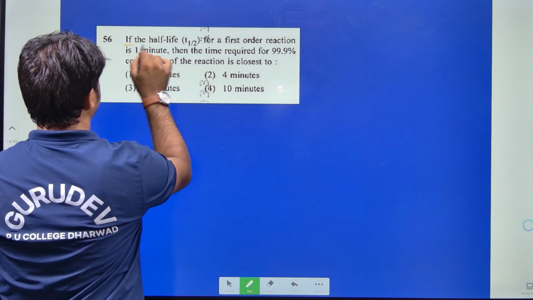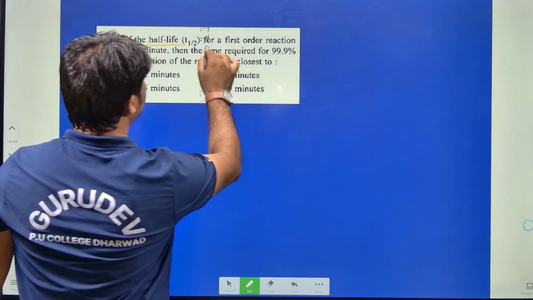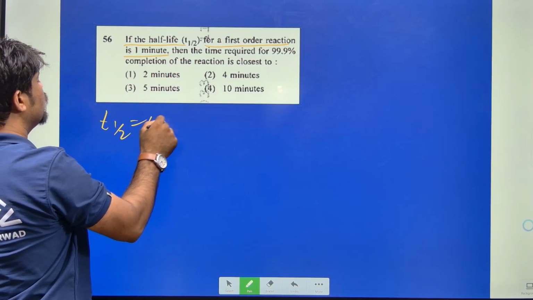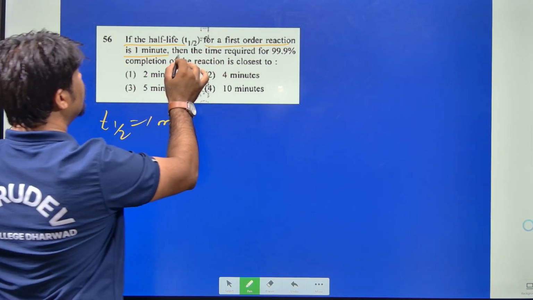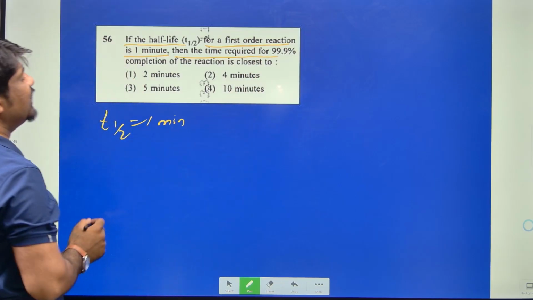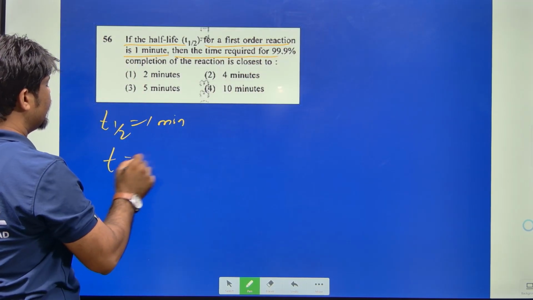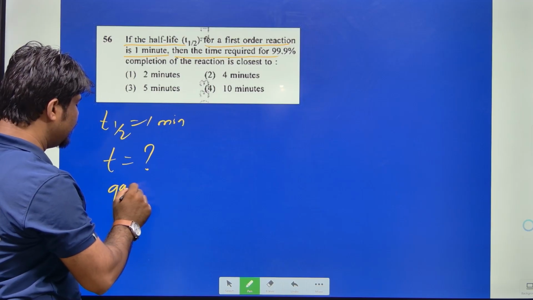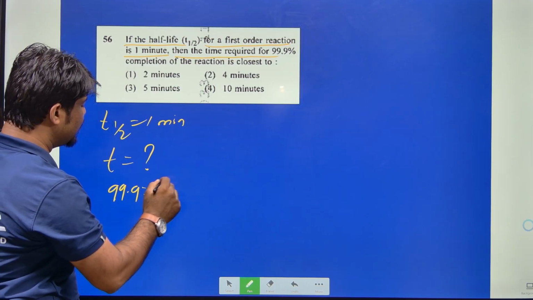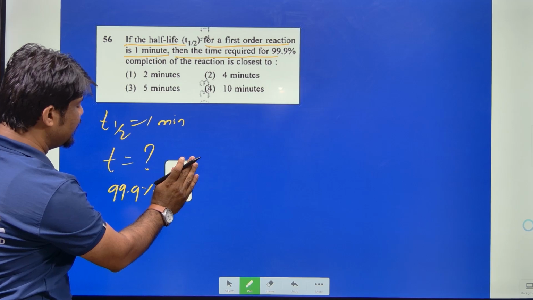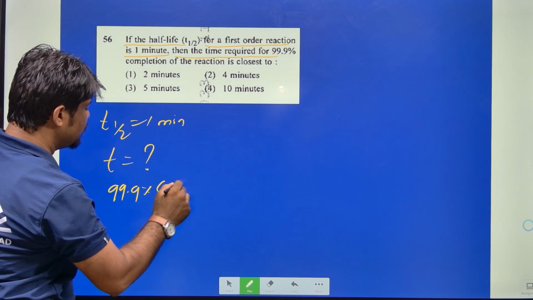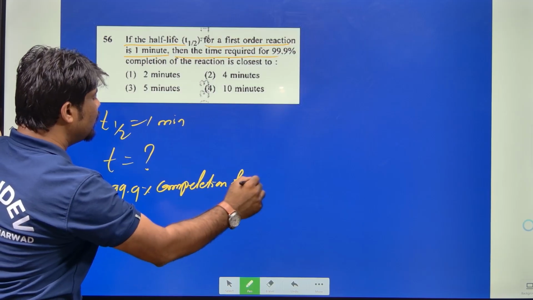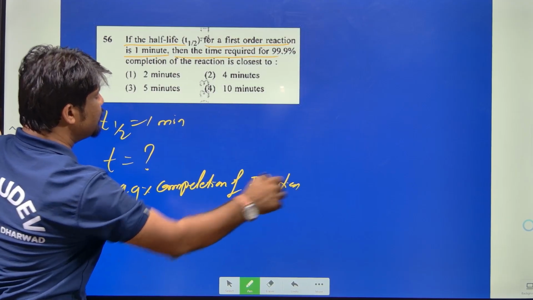Question number 56. If the half-life for a first order reaction is 1 minute, that is t1/2 is equal to 1 minute, how much time is required for 99.9% completion of the reaction?